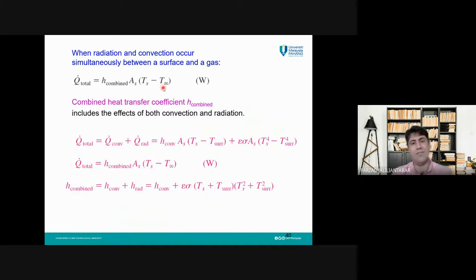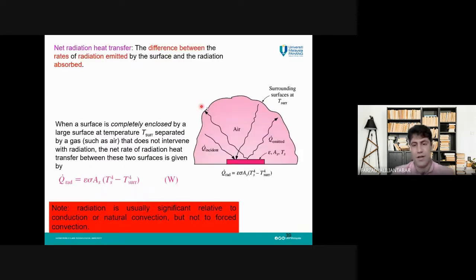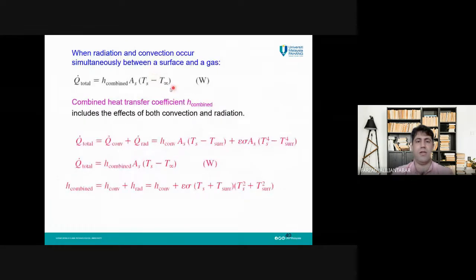T infinity is the temperature of the surrounding enough far from the surface. If you remember, in the convection, we had these T infinity. So you know what is AS, TS, and T infinity. What is H combined? H, if you remember, is the coefficient for convection heat transfer.